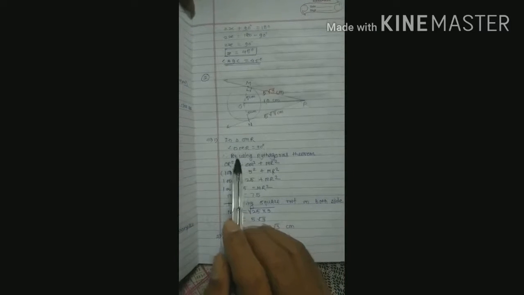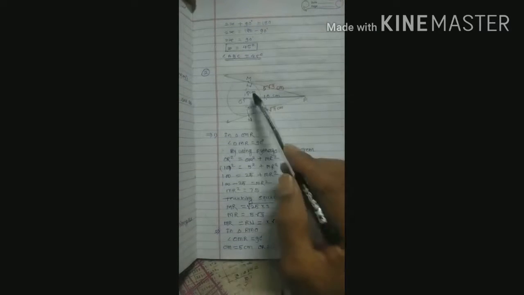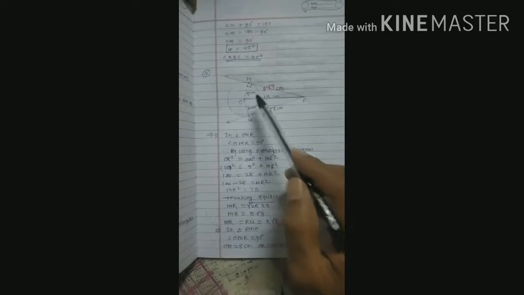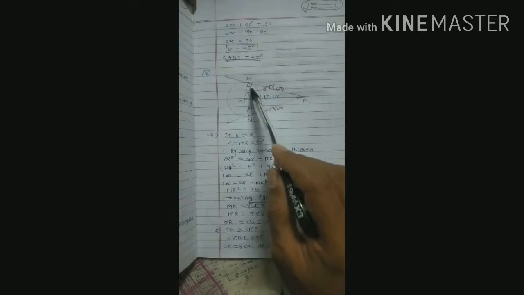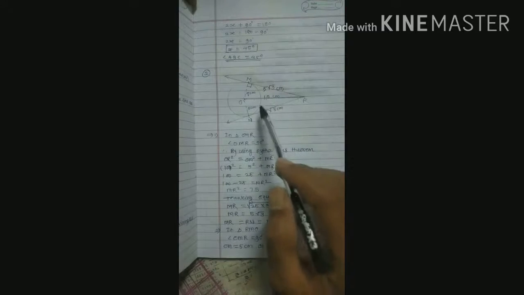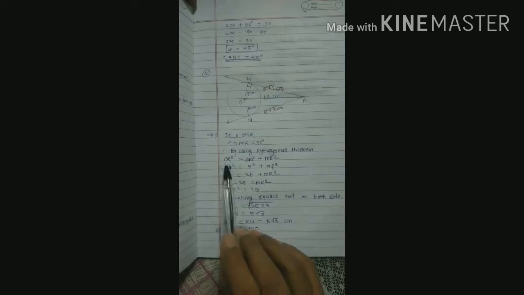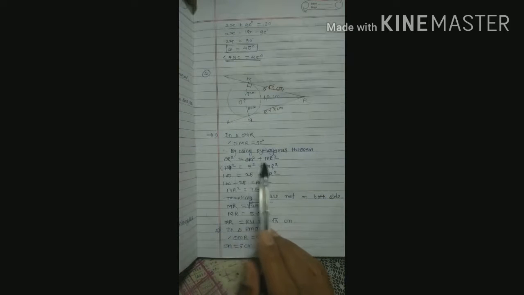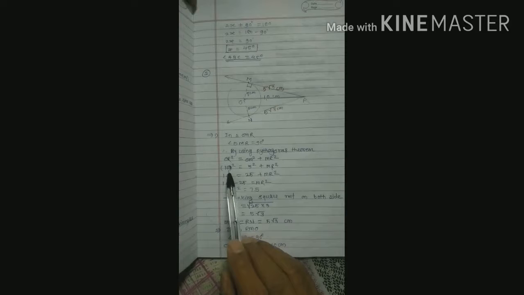Then this is the 90-degree angle. By using the Pythagoras theorem, hypotenuse square is equal to the sum of squares of the remaining two sides of that right angle triangle, so here OR square is equal to OM square plus MR square. Then the values are added here, 10, 5. Square of 10 is 100, 5 square is 25, and MR square.